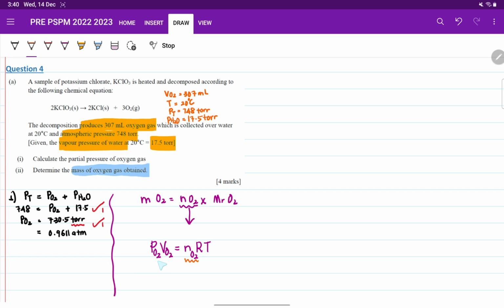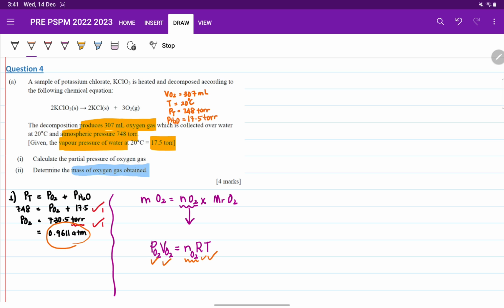Do we have the partial pressure of oxygen gas? Yes, we already calculated it earlier from part 1 of our question. So partial pressure is available. For the volume, we already have it here from the information, the volume of our oxygen gas produced. R is our gas constant and temperature is already given.